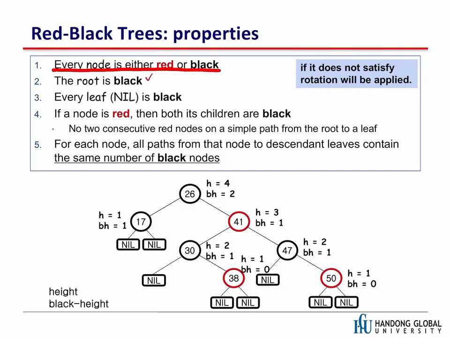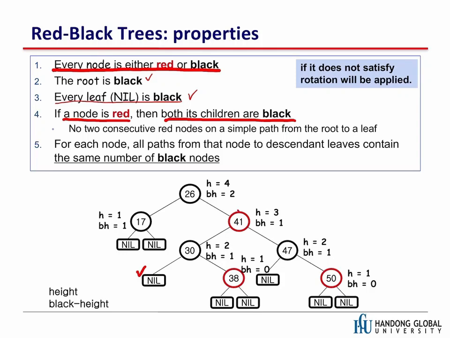Then the root node should be black. That's another property. And every leaf is black, so the NIL nodes in this figure are black. Then, if a node is red, both its children are black. It means a red node cannot have red children.